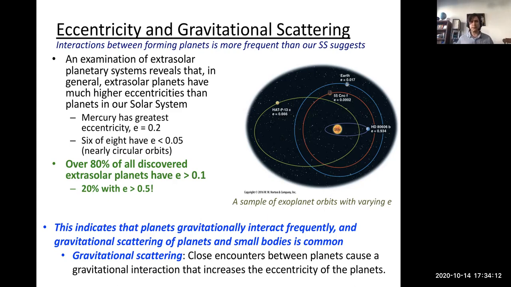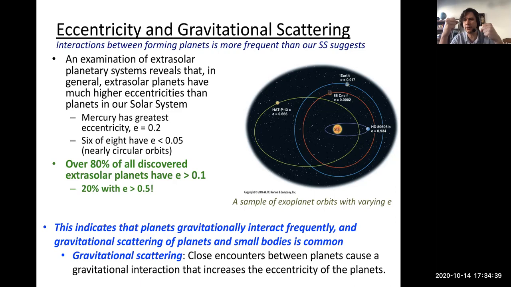So it's normal for planets to have high eccentricities, which had us scratching our heads like, okay, why would they have such high eccentricities? And this is actually closely related to the planetary migration. If planets, as they're forming, are moving around, then they're going to gravitationally interact with one another. Because if you have two planets that get close enough, their gravities are going to significantly tug on one another.